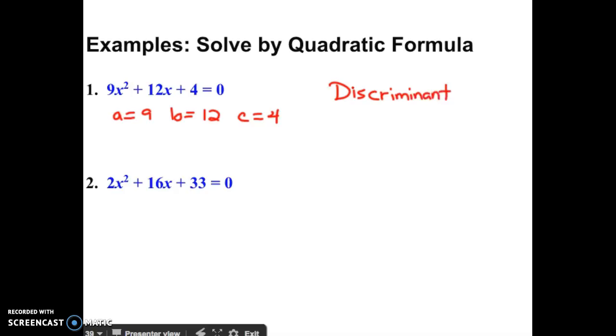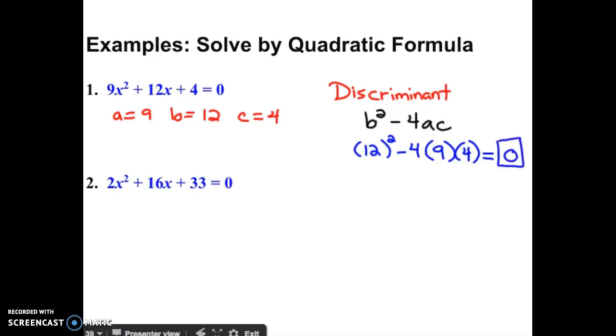You can find the discriminant by finding the number under the radical, which is b squared minus 4ac. So in this first problem, your b is 12, so you're trying to find 12 squared minus 4 times a times c. And I believe when you do that, your discriminant is actually 0. So that's the number you would put in for the discriminant.